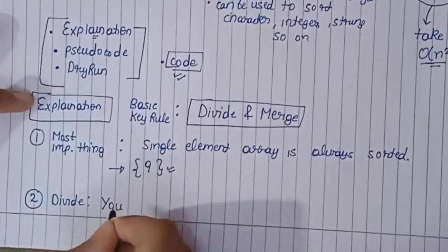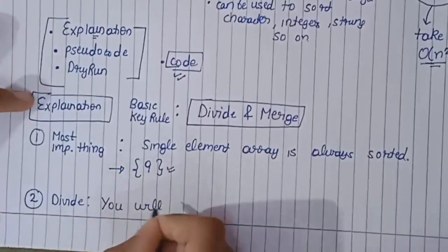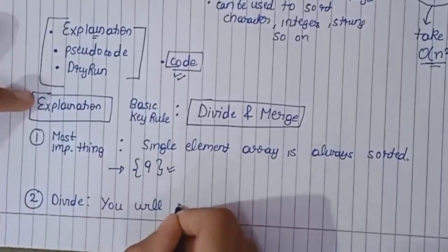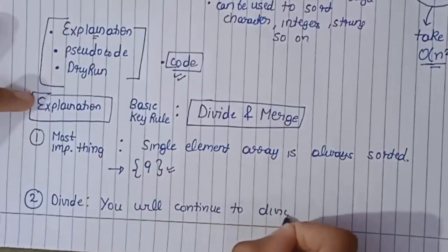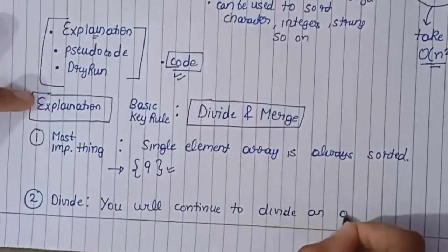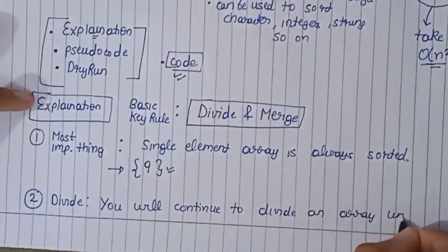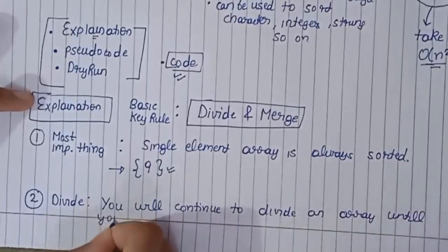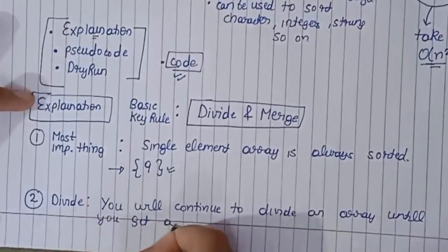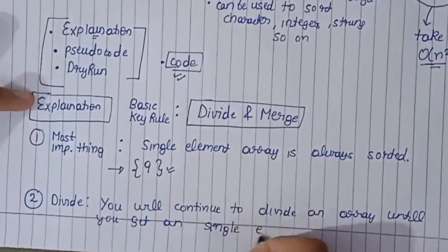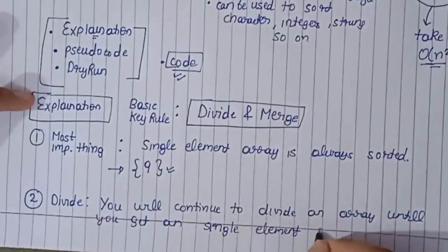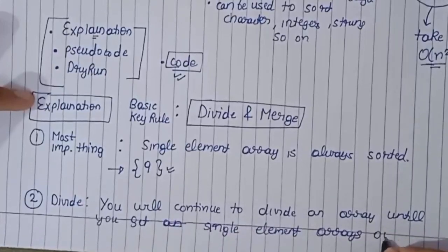It is very basic to note that in merge sort algo you will continue to divide an array until you get single element arrays out of it.